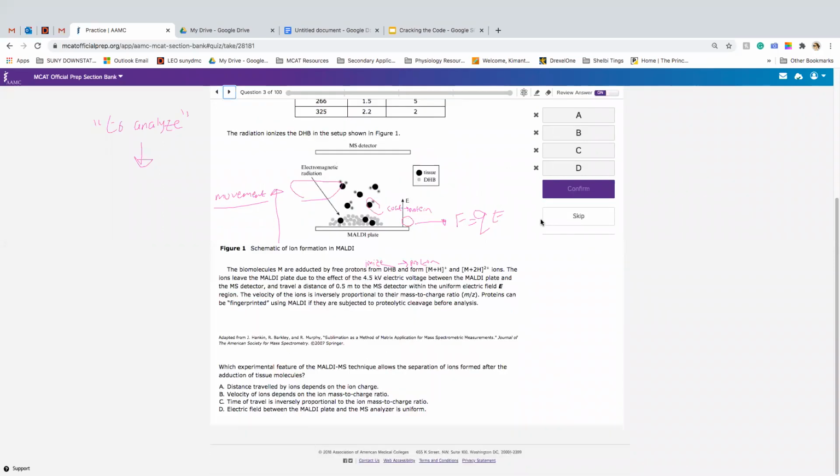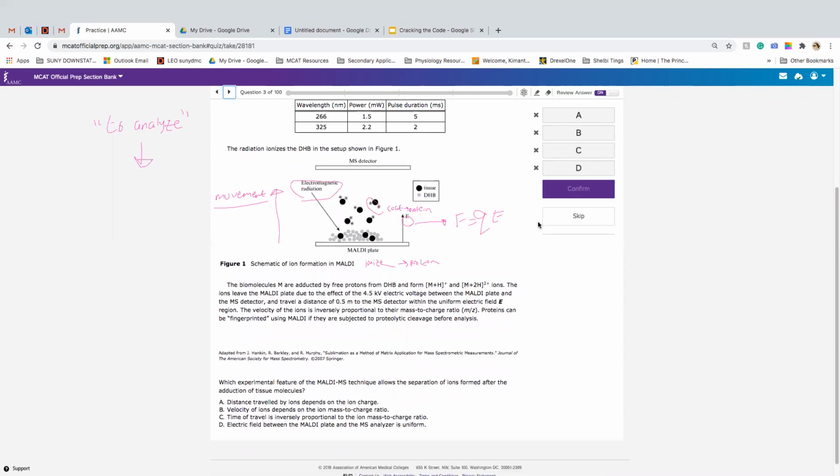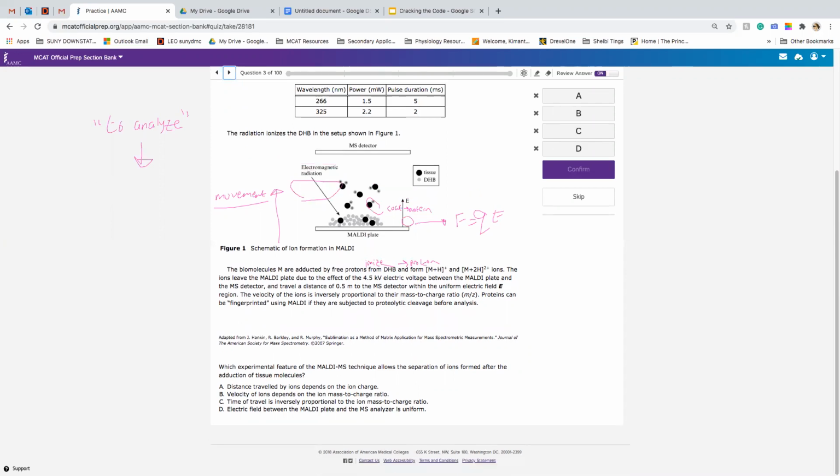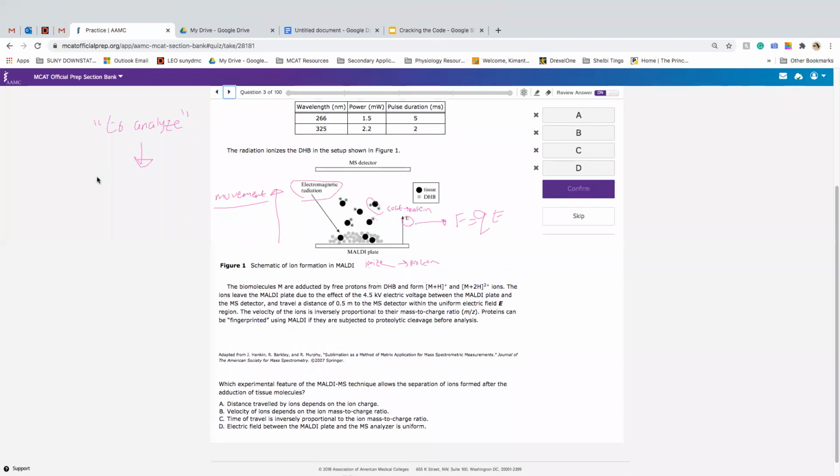So you're looking to analyze something about proteins. What are some qualities or properties of proteins you'd be interested in finding out? Their charge. Charge, and what else? Size, maybe. Size. We can stop there.